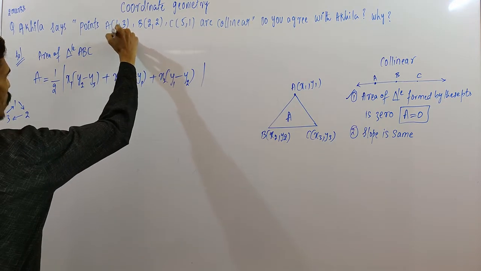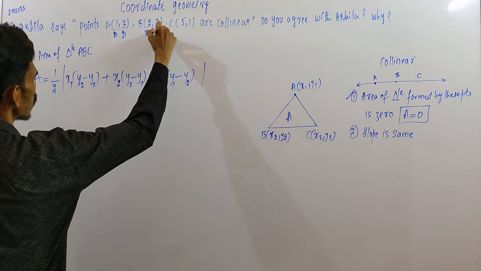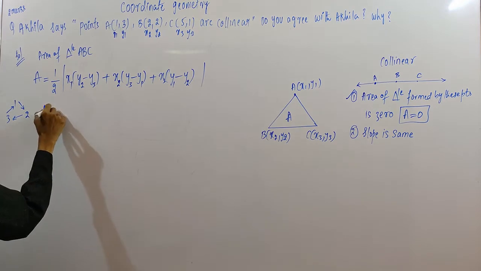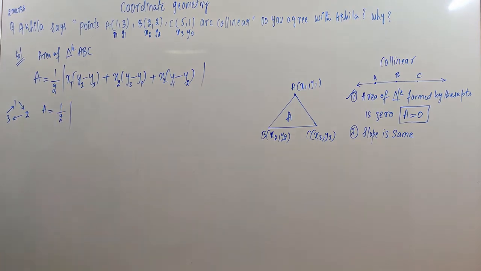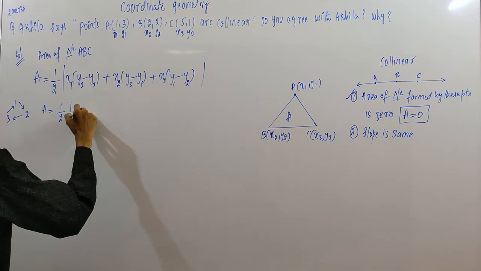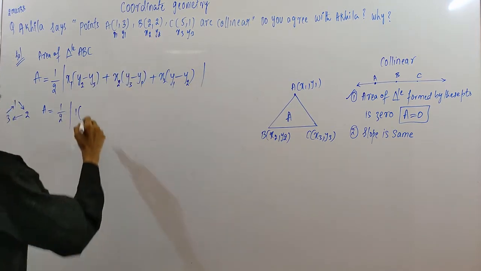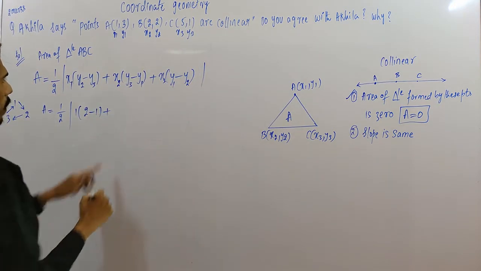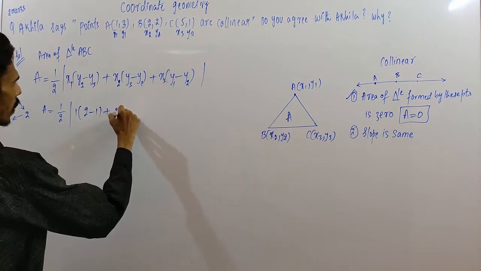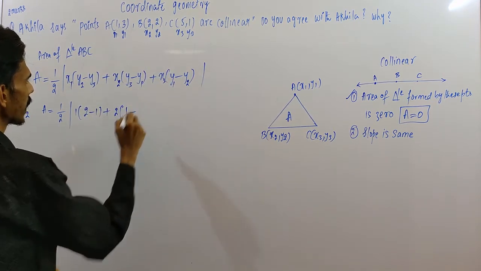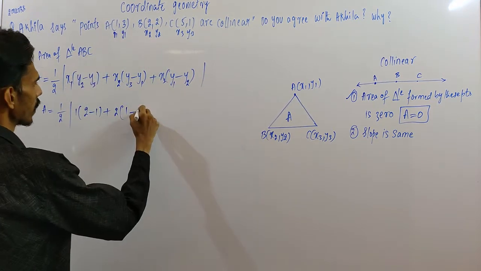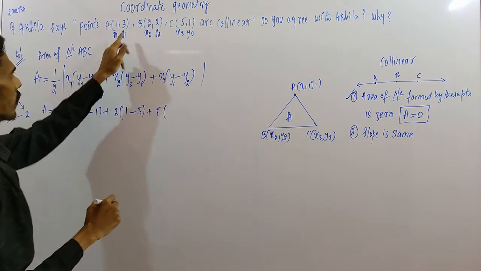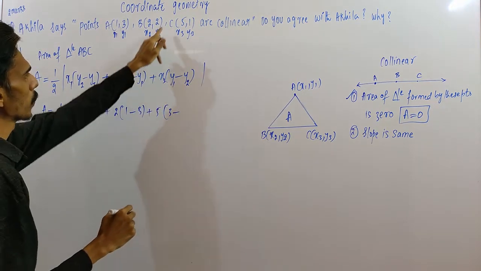Now let us take this as x1, y1, x2, y2, x3, y3. Substitute here: area A is equal to 1/2 times x1 value is 1, y2 value is 2 minus y3 value 1, plus x2 value is 2 into y3 value 1 minus y1 value 3, plus x3 value is 5, y1 value is 3 minus y2 value is 2.